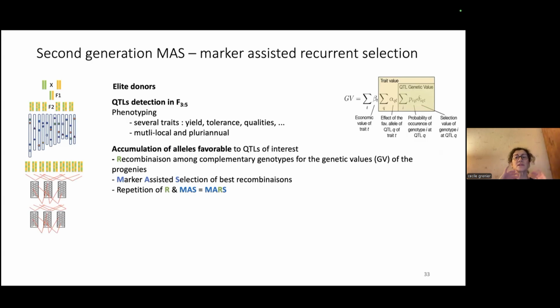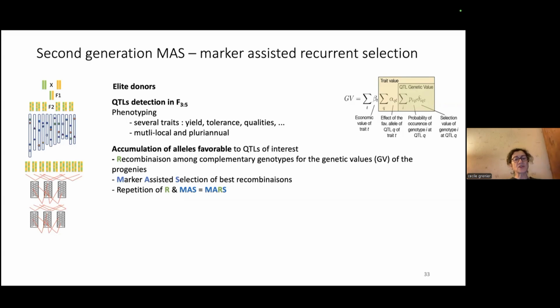So basically, you define a trait value based on the presence or absence of the marker, of the favorable alleles in the progenies. So you do an accumulation of favorable alleles for the QTL of interest, and then you recombine those entries. And then you do that several times, marker-assisted selection of the best recombination, and then recombination.